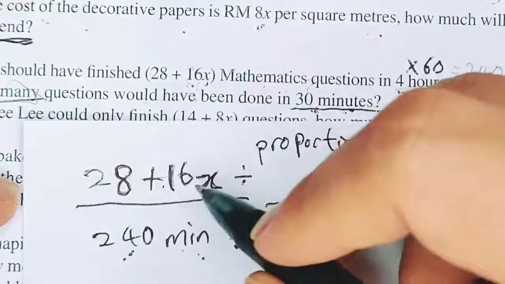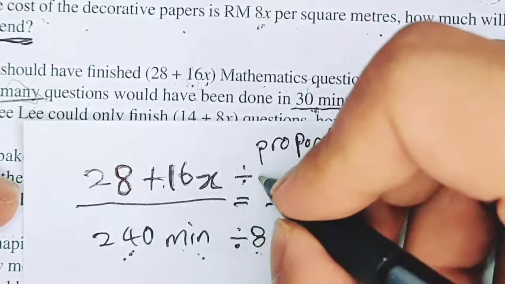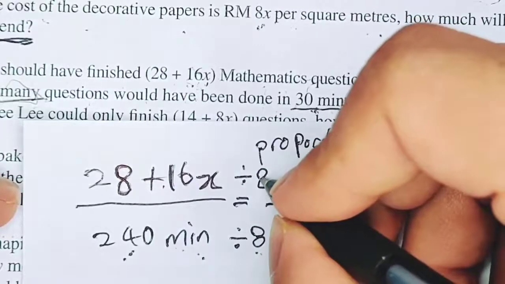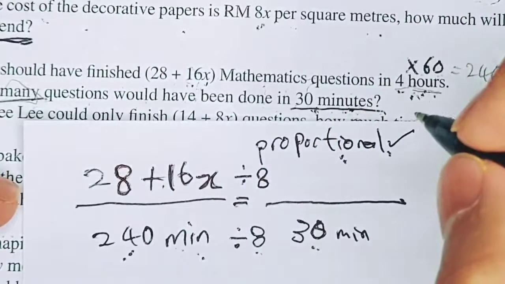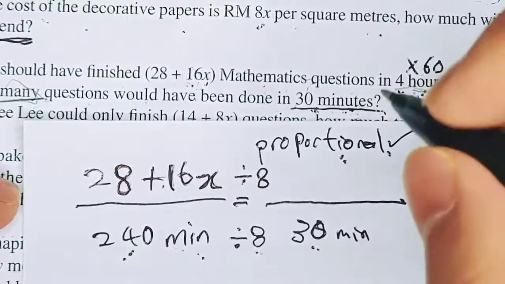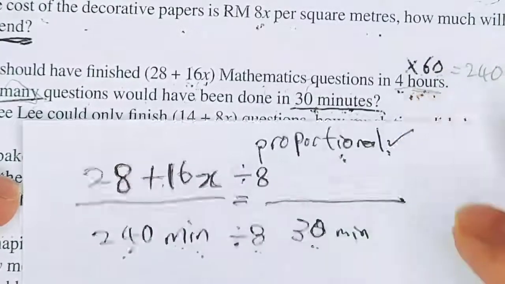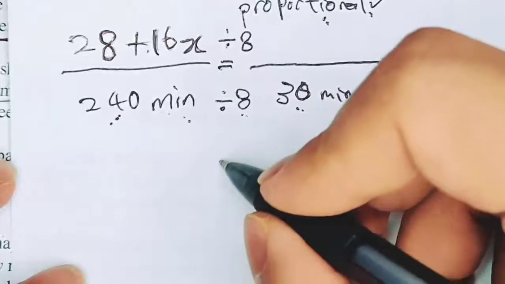So this also divides by the same value, that is 8. You got me? Good. So we're going to rewrite the proportional, and it's going to look like this.